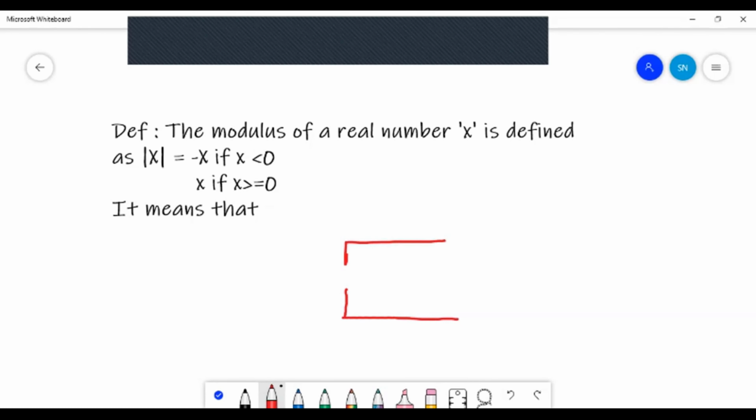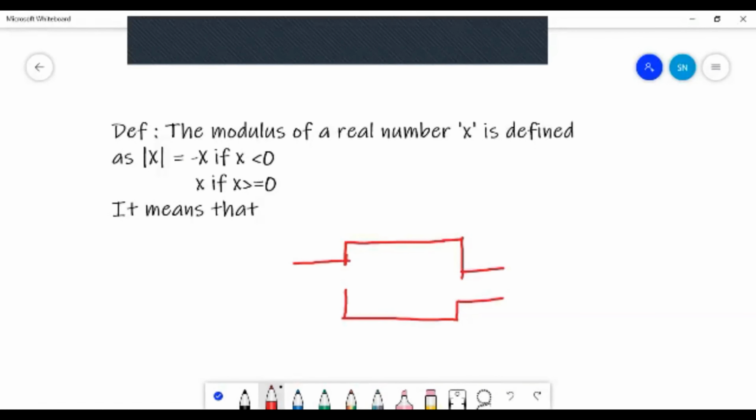This is the process chamber of the machine. This is the output area and this is the input area. Any real number x is allowed into this machine, so x belongs to R.